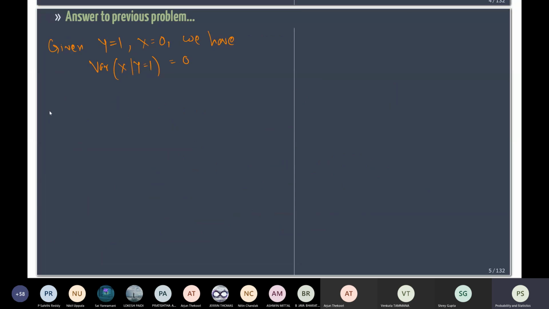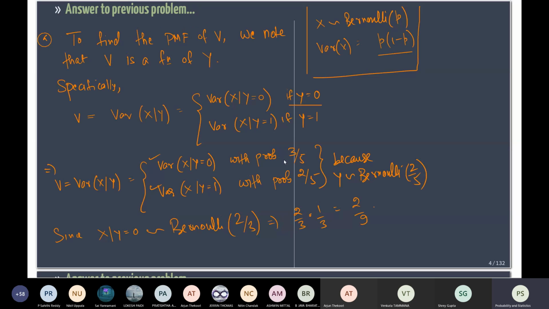So now this implies V, which is the variance of X given Y, and we split the values of V into two parts, when Y equals 0 and Y equals 1. And then we know that Y equal to 0 happens with some probability and Y equal to 1 happens with some probability. We were left with computing these actual values.